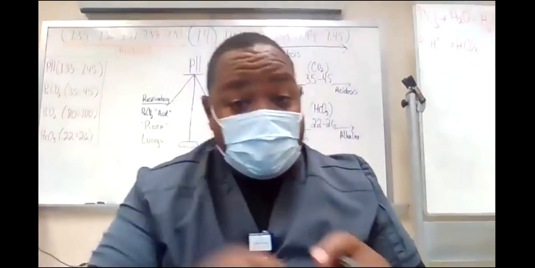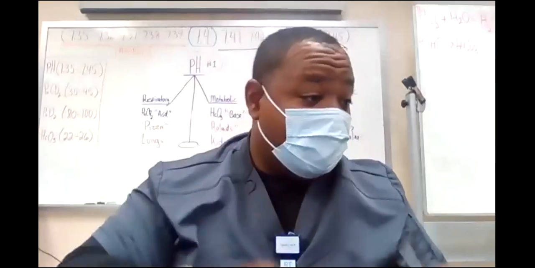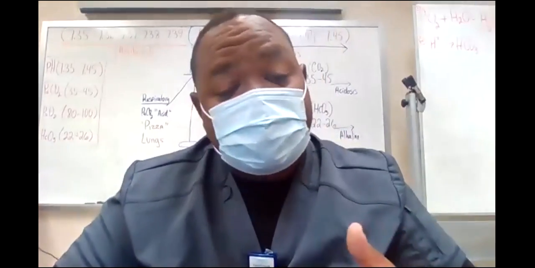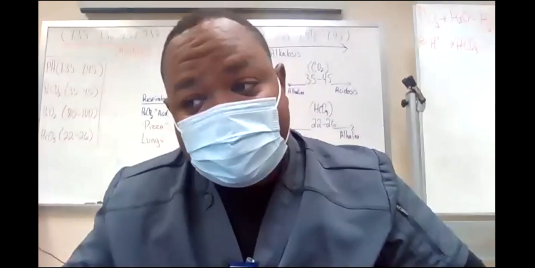All right, so we're back from break, and I want to explain one thing that we talked about, lab error. Don't forget, we discussed lab error in the last lecture, that one of the players has to be going the same way as pH. If they're not, it's a lab error. For instance, if I say a pH of 7.5, that's alkalosis. But if my CO2 is 80, that's acid, and my bicarb is 10, that's acid.